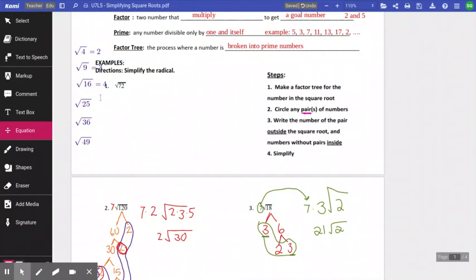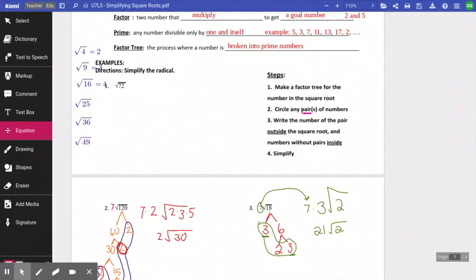The second method here uses all these perfect square numbers, and obviously this list could keep going. What the second method does is if you are trying to figure out the square root of 72, your goal is to figure out the largest perfect square number you could use to write a multiplication problem and get 72.